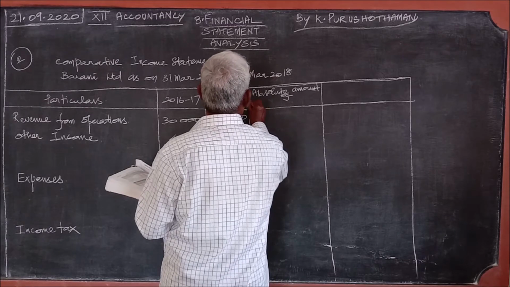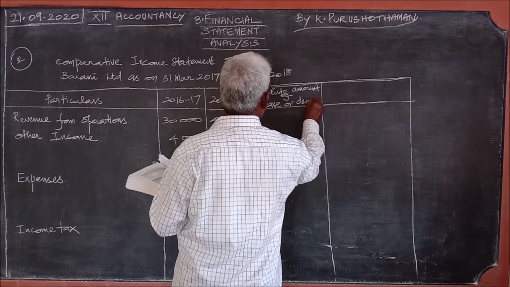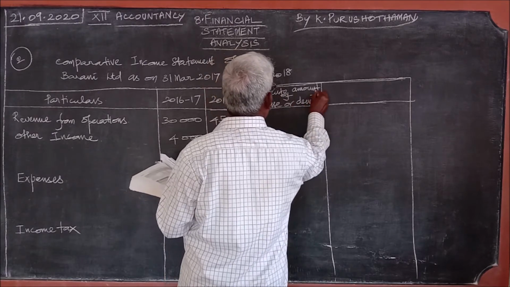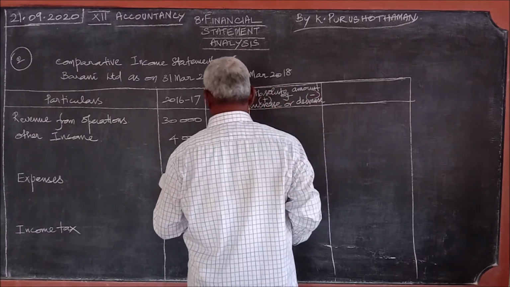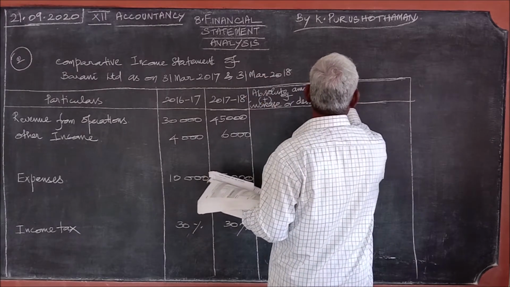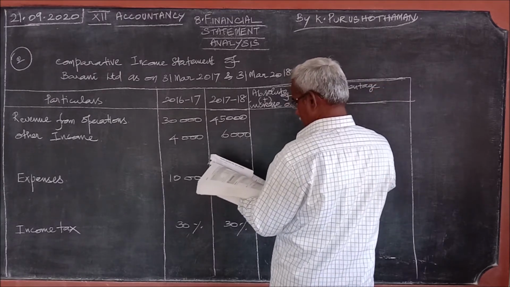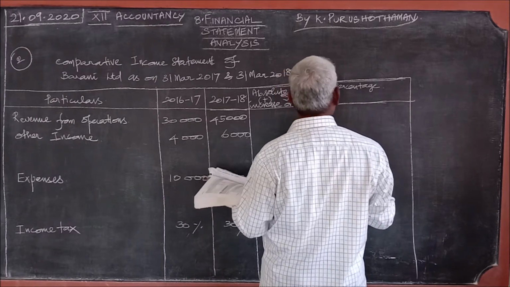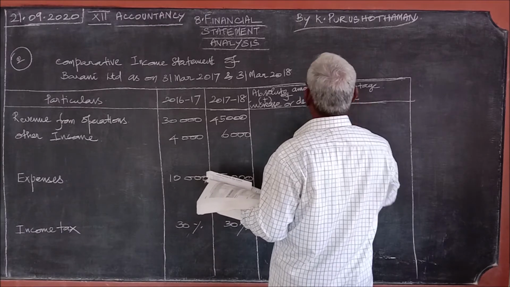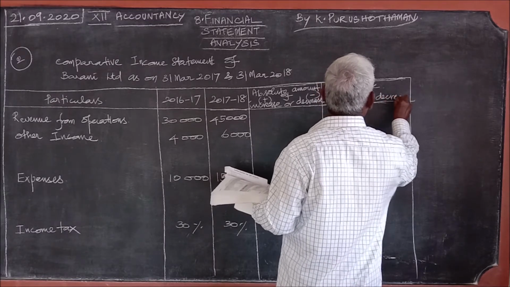of increase or decrease. Increase plus, decrease minus. And the next column is percentage increase or decrease.